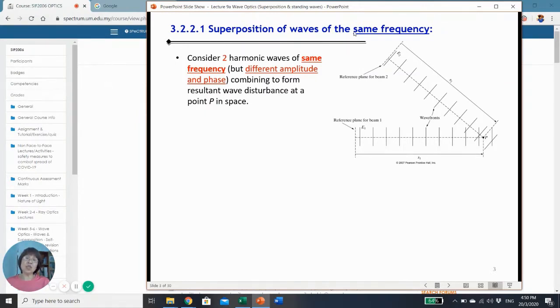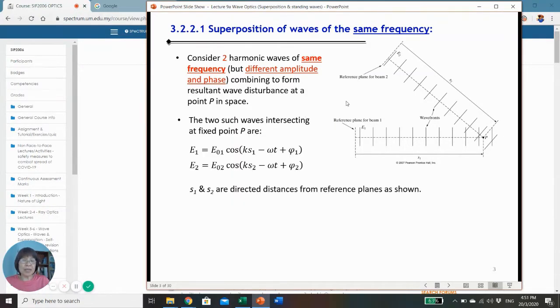So we consider two harmonic waves of the same frequency, but they may have different amplitude and phase. So we have E1, which is traveling in this direction, and E2, which is traveling in this direction, and they meet at point P. Now, this is drawn exaggerated when in actual fact, the directions S2 and S1 are almost parallel.